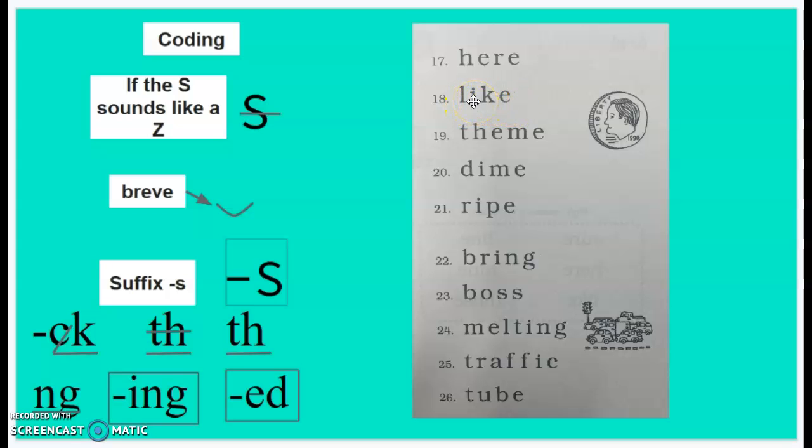Do you hear a long or short I? Long. Put a macron above that I. And what do we need to do to our E? Right, cross it out because it's silent. Go ahead and code 19 through 26, and when you're done, resume the video.